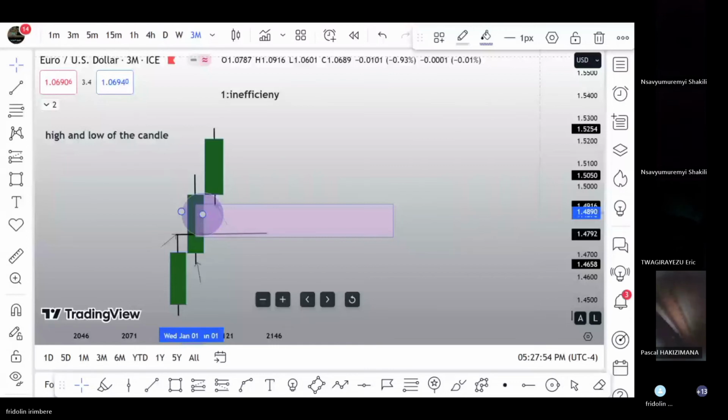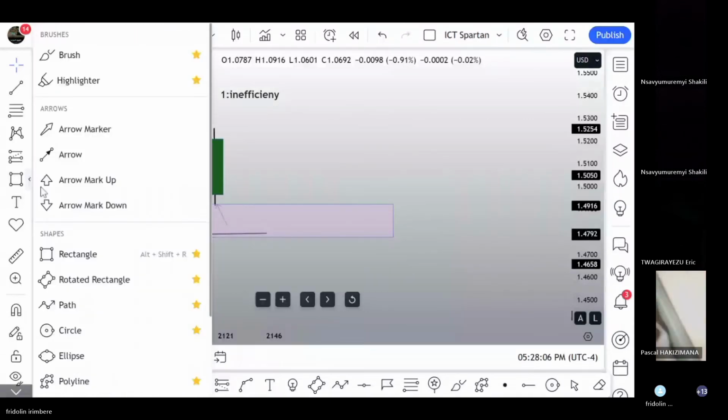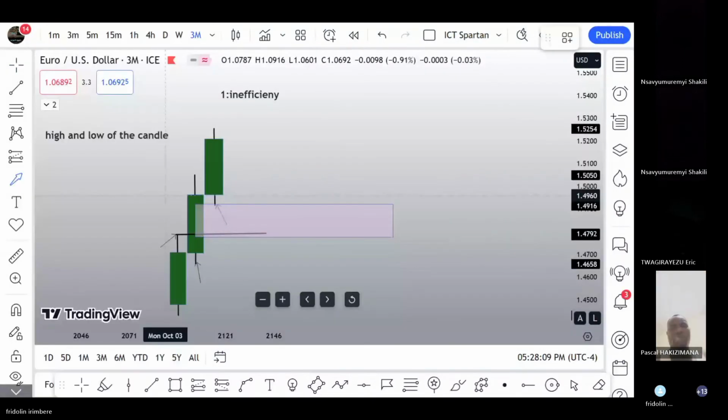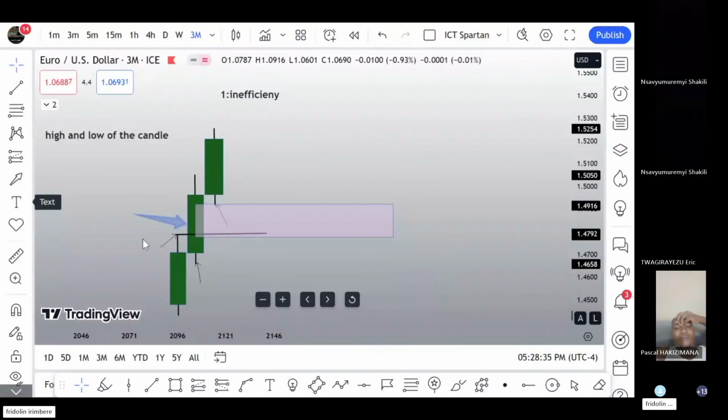Iyi body, iyi niyo twita inefficiency. This is what we call inefficiency.